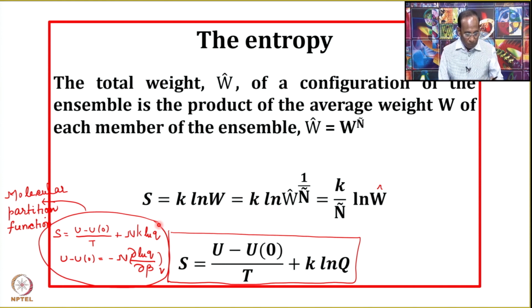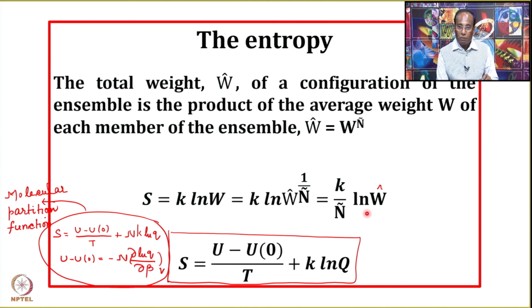Remember, although we have skipped many steps in this particular case, we differentiate between the weight of configuration of the ensemble and the average weight of one member of the ensemble, and how they are connected with each other. Then when you substitute in this, you come up with a logarithmic term.